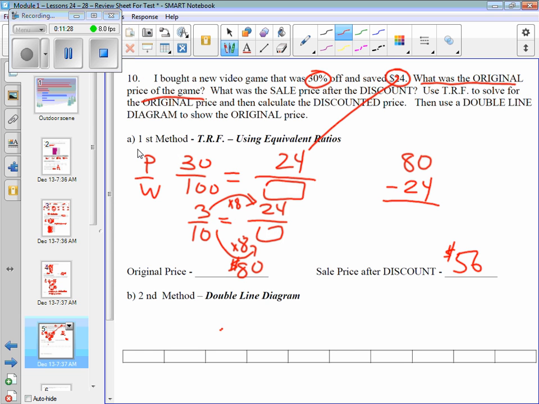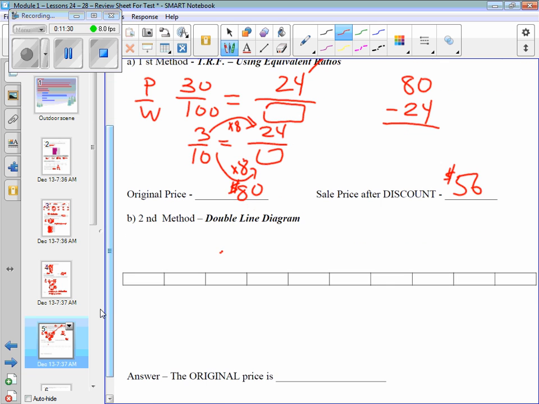Here's how it looks on the double line diagram. Percent is always the same to start, 0 to 100. The line is divided into tenths, so I'm counting by tens.